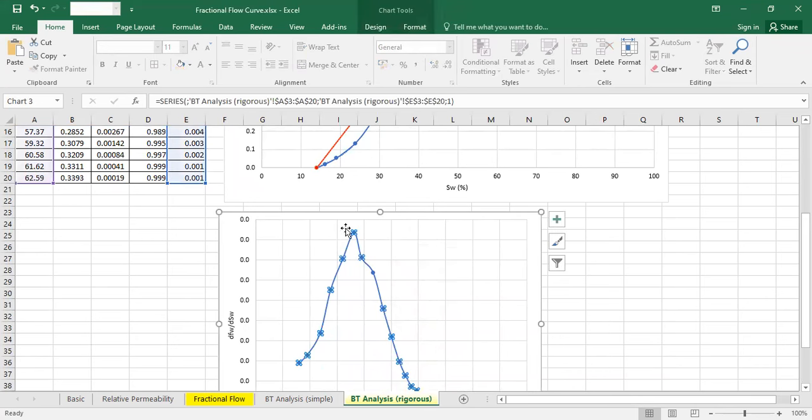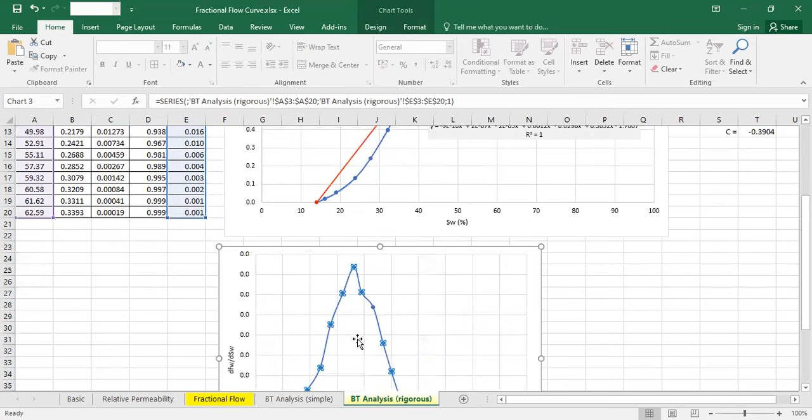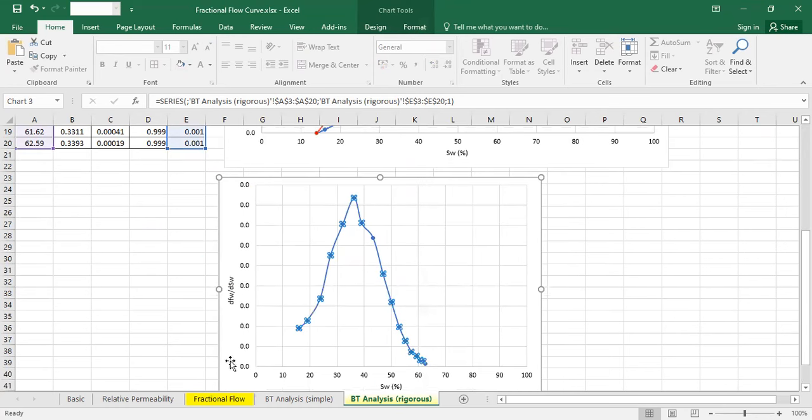We can identify that point, the maximum DFW over DSW, which is actually the maximum derivative.